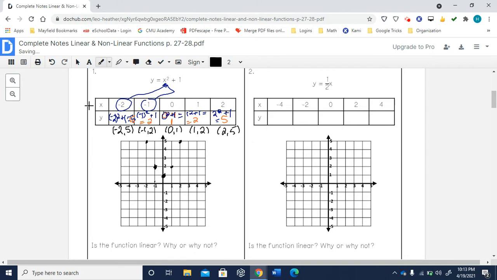And if I connect these, we're actually going to see that it makes a curved graph. Sorry about the squiggly, but it makes a curved graph through the points. So the question is, is the function linear? Why or why not? And no, it's not linear because it does not make a straight line.